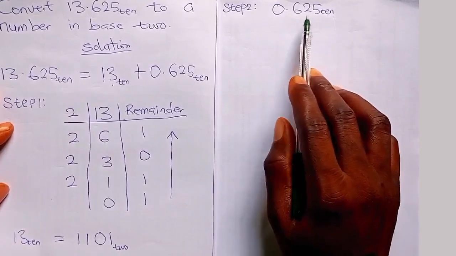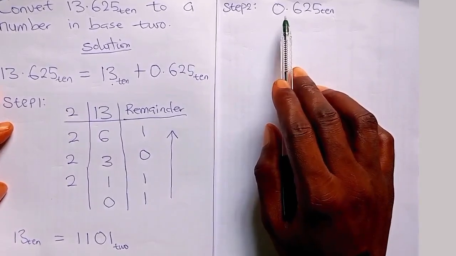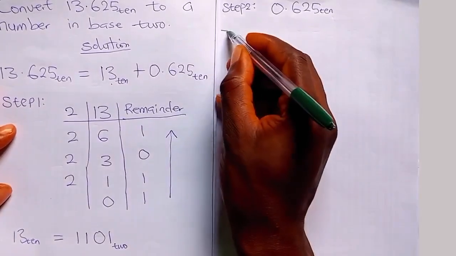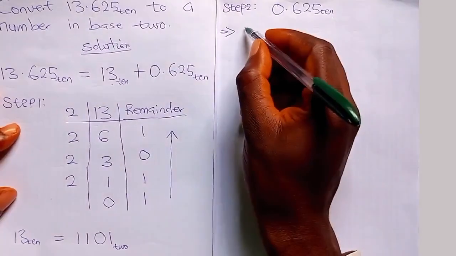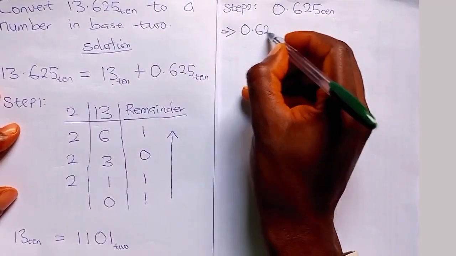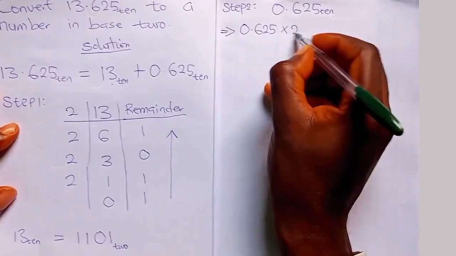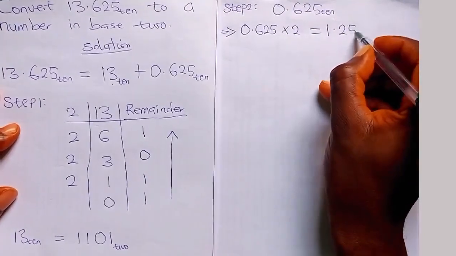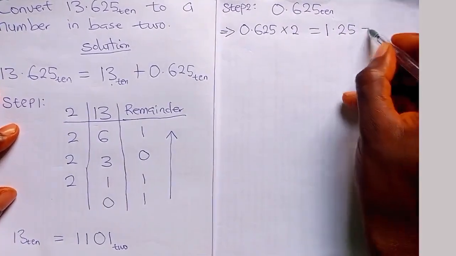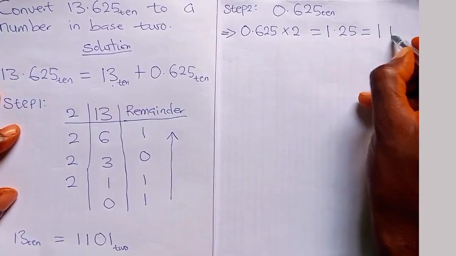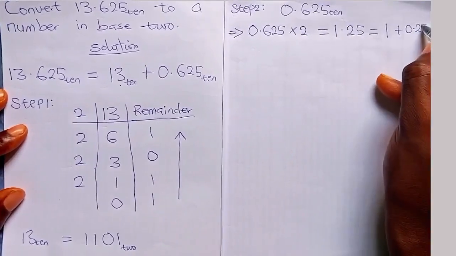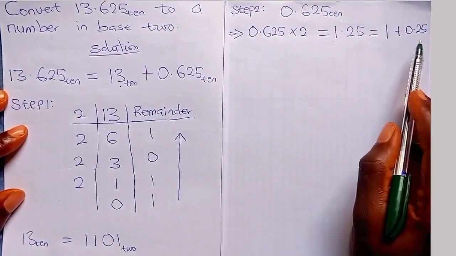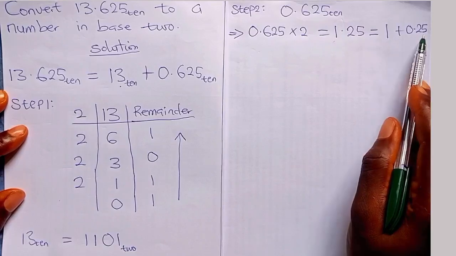We write down the whole number part and then continue the multiplication with the decimal part. So 0.625 times 2 gives us 1.25. This 1.25 can be split into 1 plus 0.25. So the whole number part is 1, and the decimal number part is 0.25.